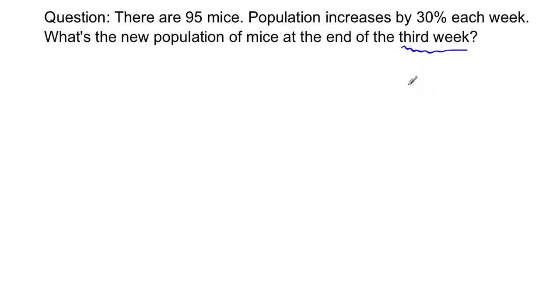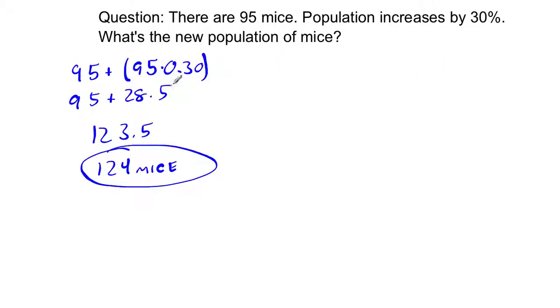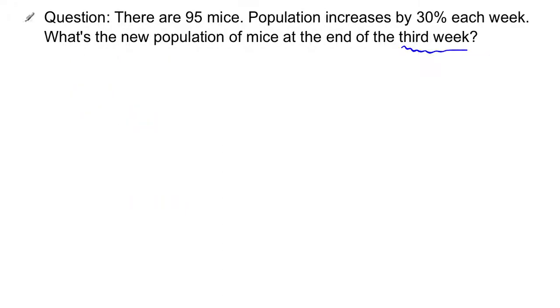After 100 weeks? Are you going to do this process the same way? Because remember, 30% of 95 is only after the first week. Then after the second week, you're going to take 30% of this new value. So the percentage changes with each week, which makes it a little bit more difficult, doesn't it?